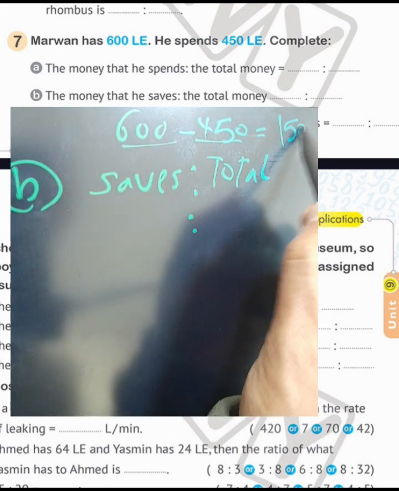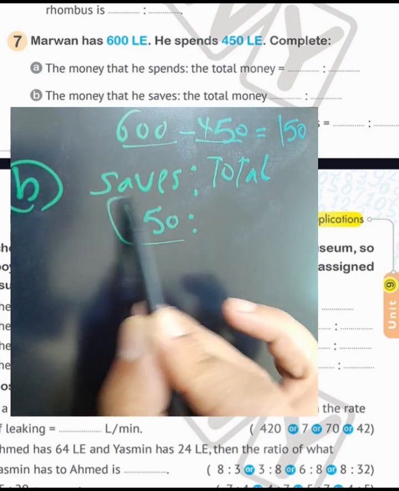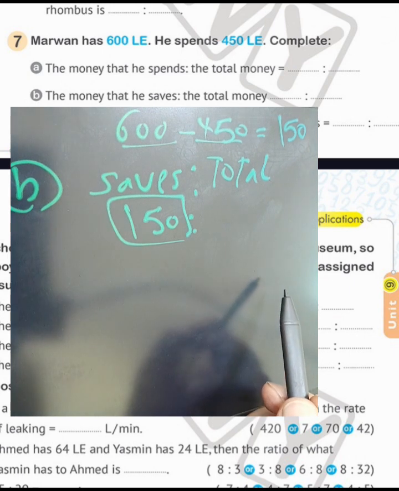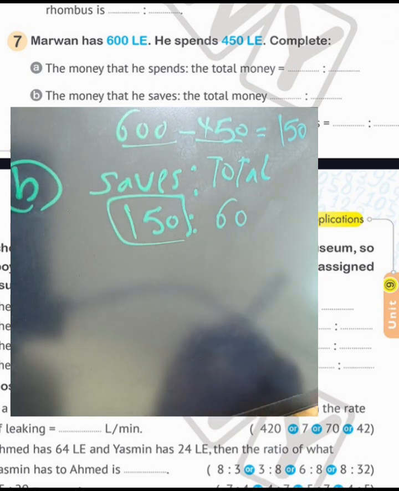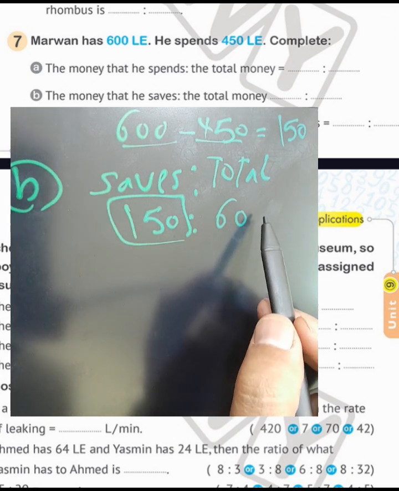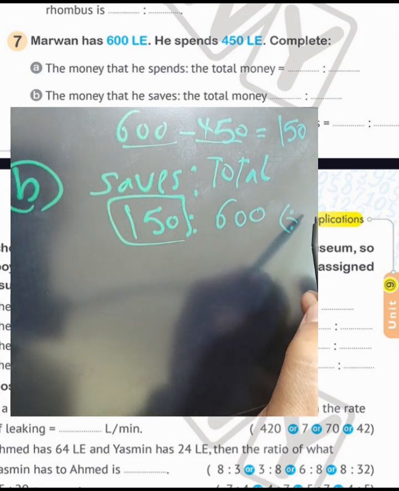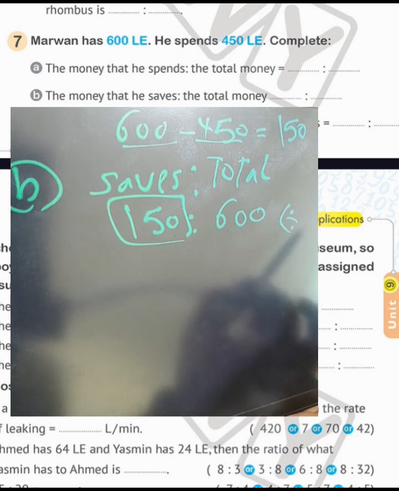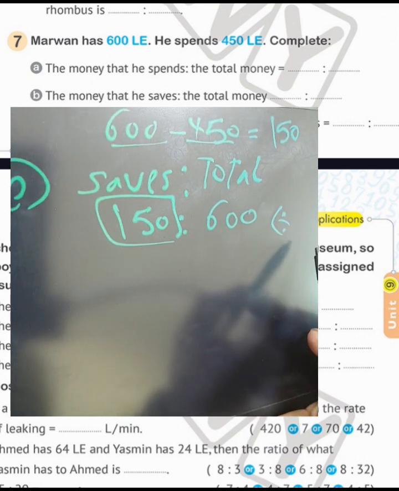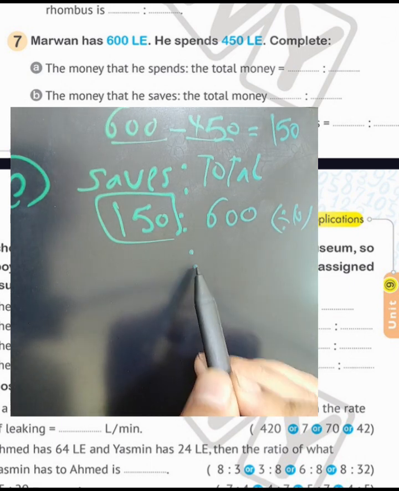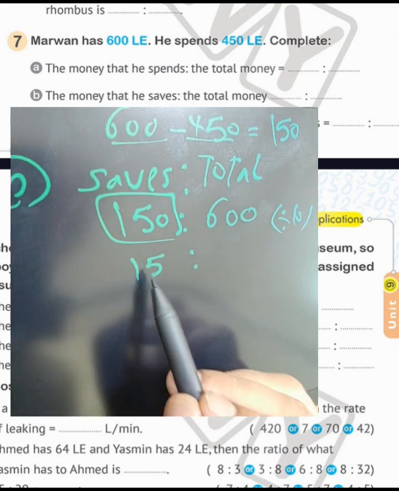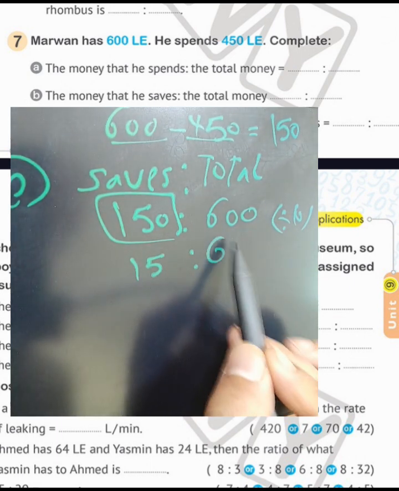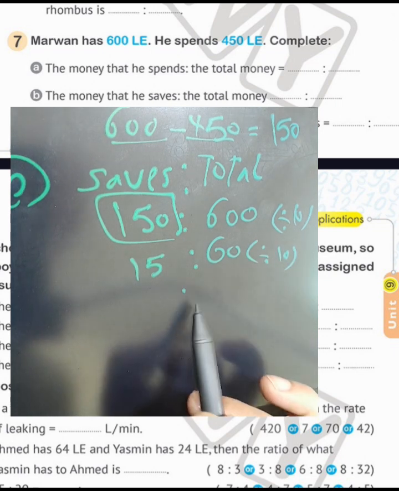It will be 150. Then he will save 150. And the total money with Marwan was 600. Okay, and then we can divide it by 150 in one step, or you can simplify it by dividing by 10 as you like. 150 divided by 10 is 15, and 600 divided by 10 is 60.